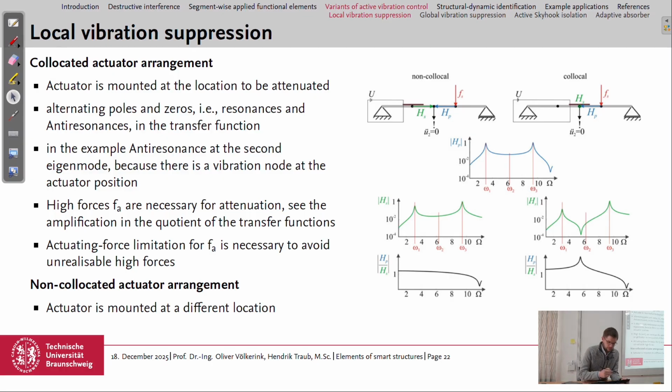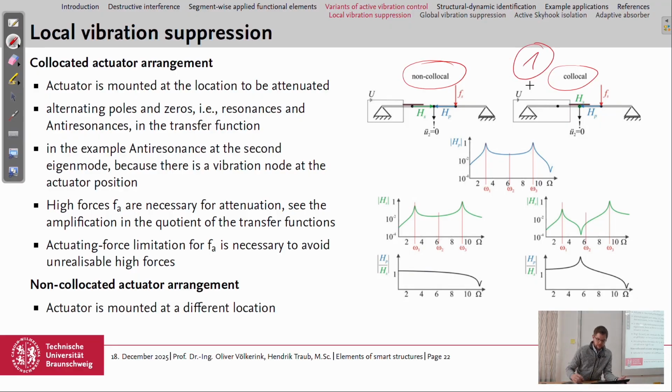This is again a rather crowded slide, but we have a look at it together. So we can have 2 arrangements for local vibration suppression: the collocated actuator arrangement and the non-collocated actuator arrangement. We will have a look at this one here first.